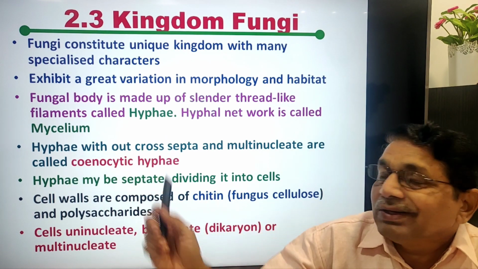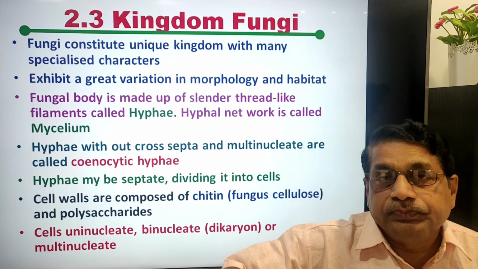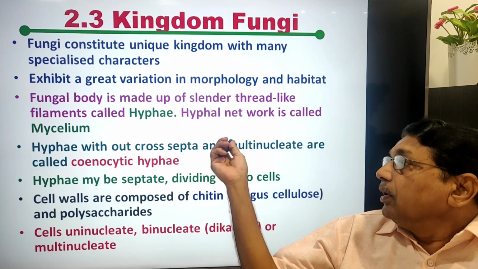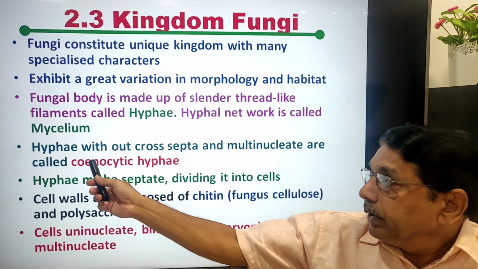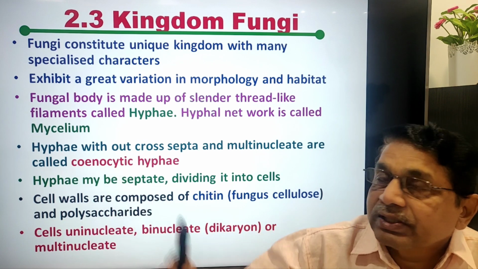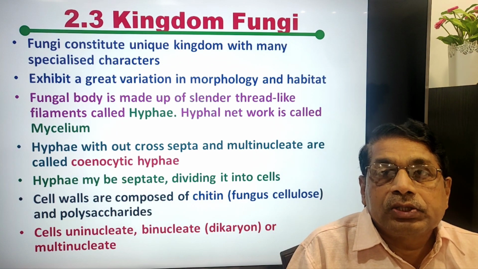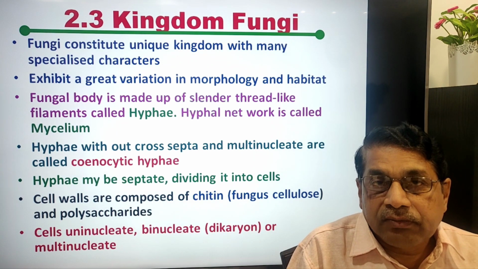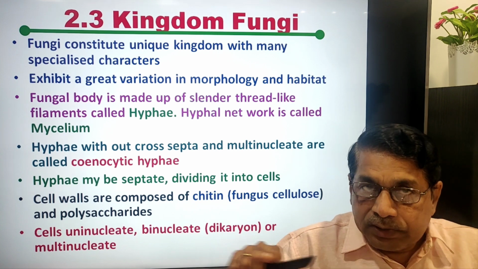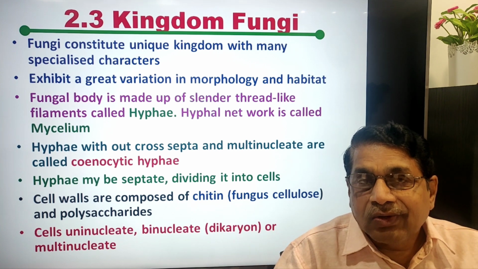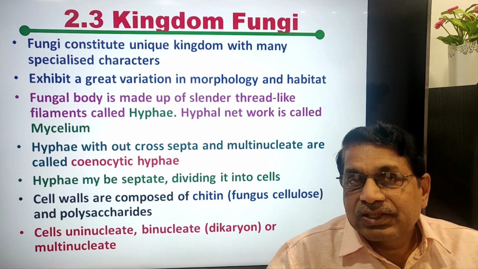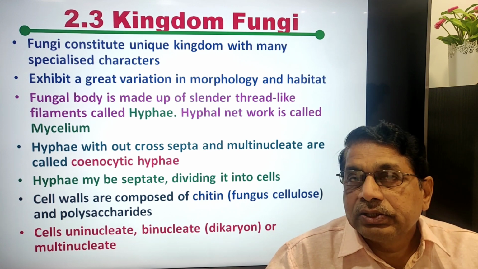Hyphae without cross septa and multinucleate are called cenocytic hyphae, just like in Mucor, Rhizopus, Pythium, Phytophthora. The hyphae are present, but without cross walls. It is a tube-like structure, multinucleate.